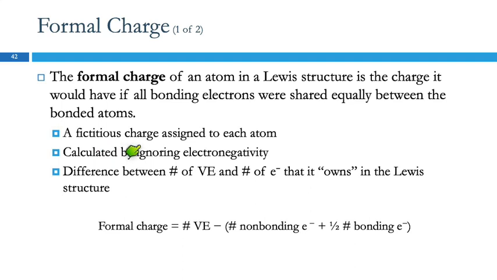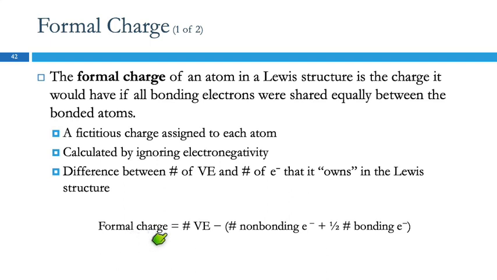It's a fictitious charge assigned to each atom, and it's basically trying to keep track of how the electrons are being shared and what's more fair, I guess you could say. So the formal charge is the charge it would have if all the bonding electrons were shared equally between the bonded atoms. We do not need to consider electronegativity here, which makes it much, much simpler. The book, of course, has to write out an equation and make it sound harder than it actually is.